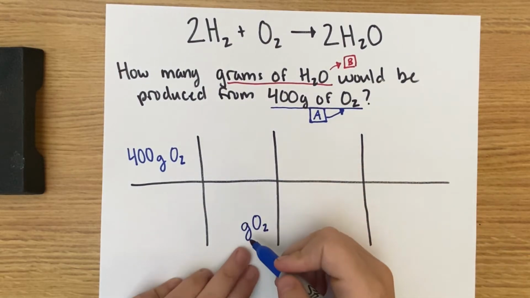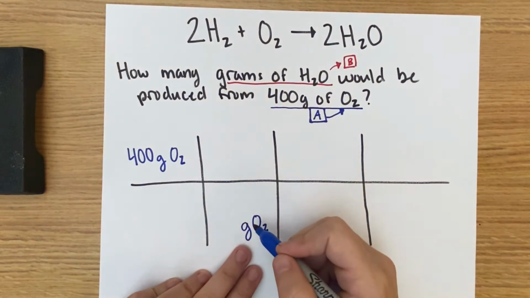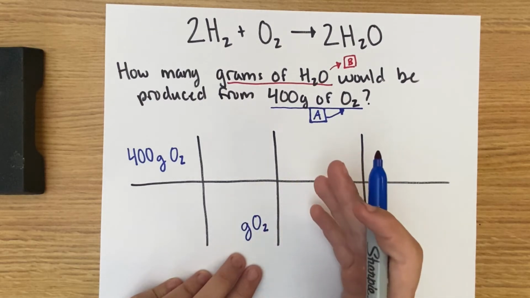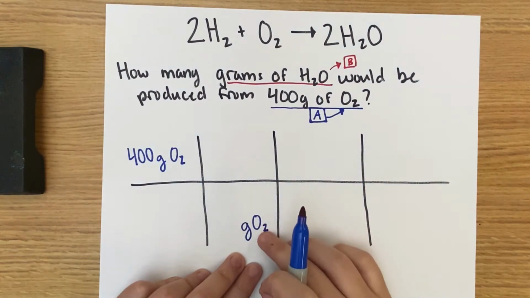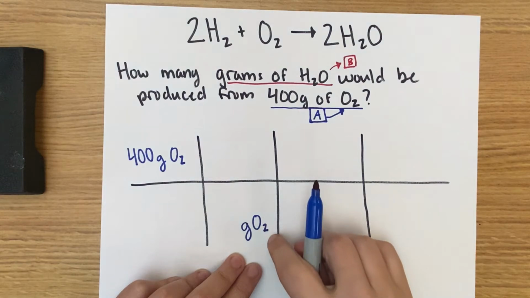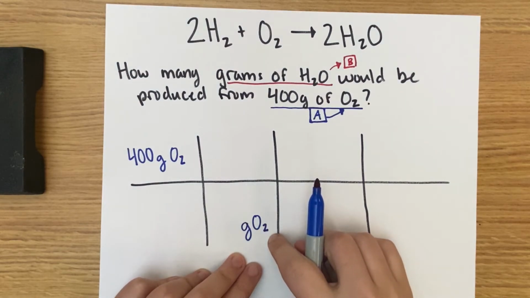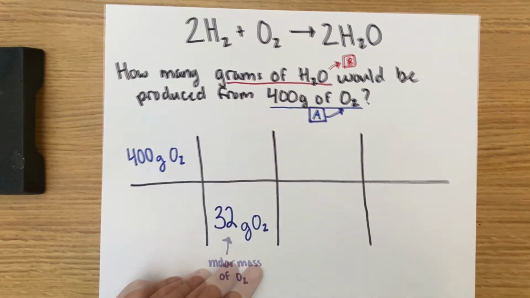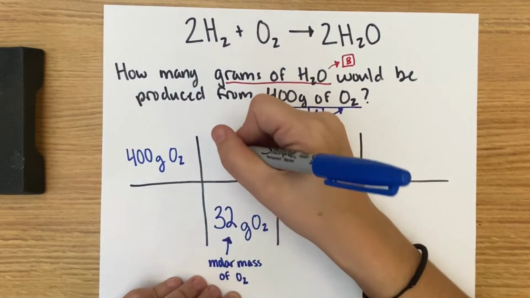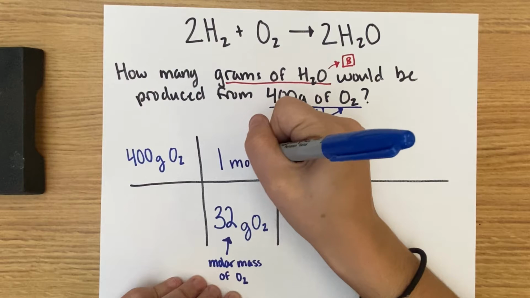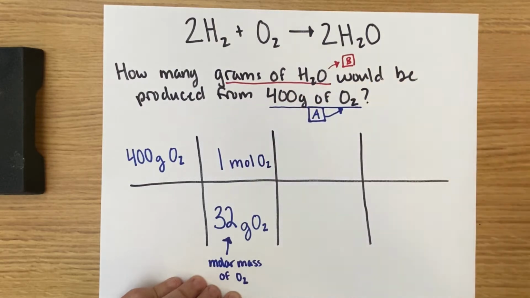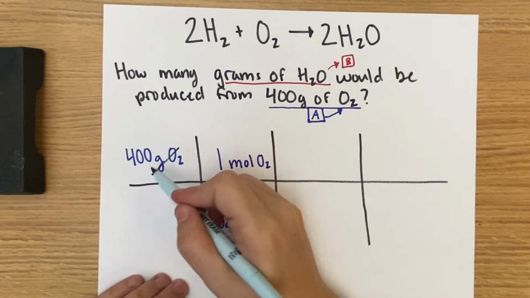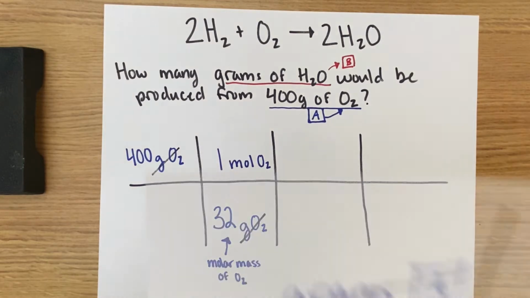The molar mass of oxygen, just O, is 16 grams, but we have O2, so that's actually going to be a total of 32 grams. Since that's our molar mass, it's going to be equal to 1 mole of O2. Going to show those units cancel out.